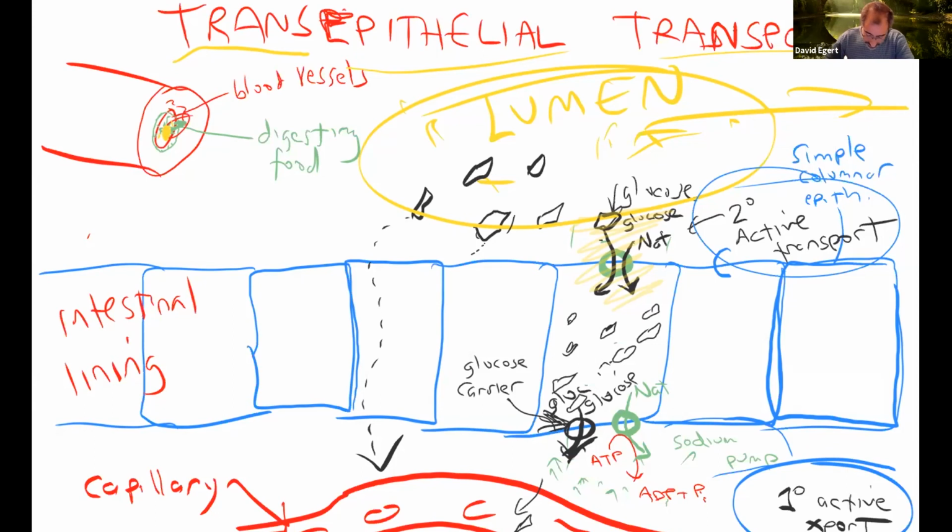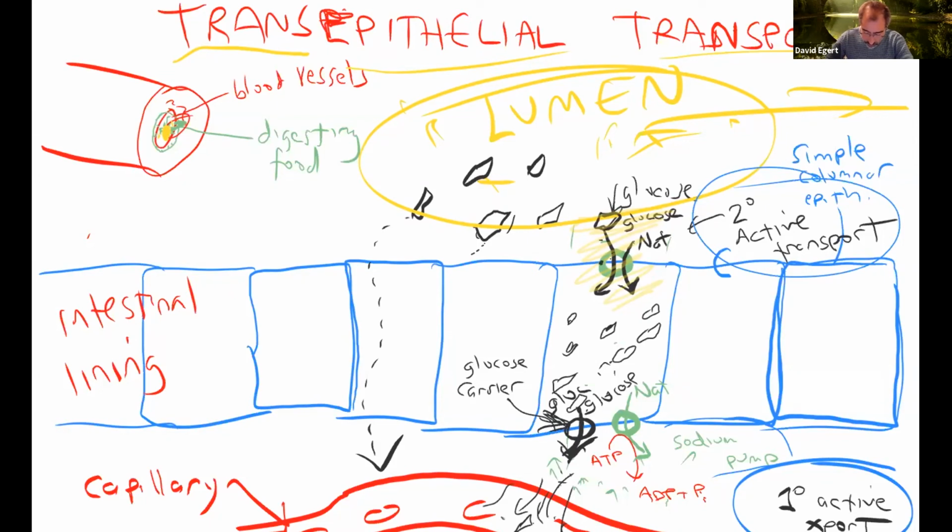Because basically, as the glucose ends up on the backside here, it gets taken up into the capillary. So we constantly have a diffusion gradient to move glucose out of the cell. We constantly have glucose building up in the cell as we take it up on the apical surface on the top here, and it's getting taken away into the bloodstream on the backside.